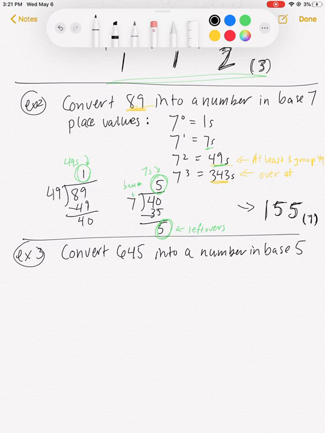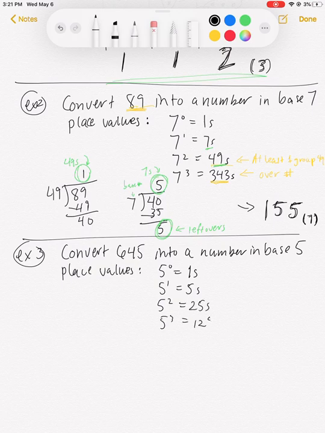So let's think of the places. Our first place value is 5 to the 0, equal to the 1's place. 5 to the first is equal to 5's place. 5 squared is equal to the 25's place. 5 to the third is equal to the 125's place. Okay, so I got to get to 645.